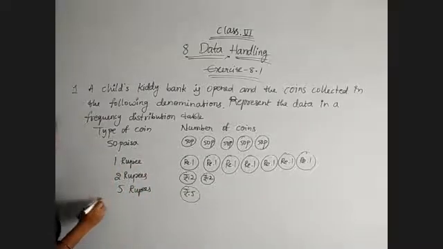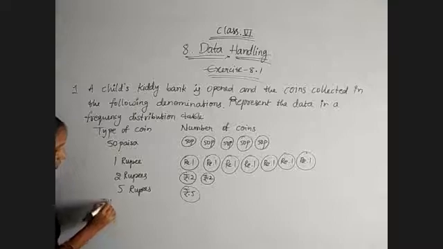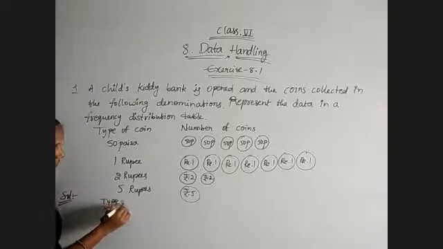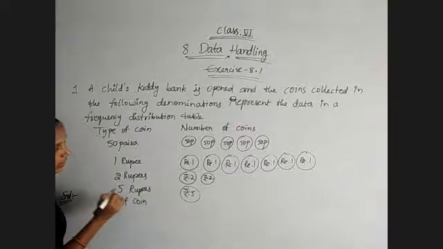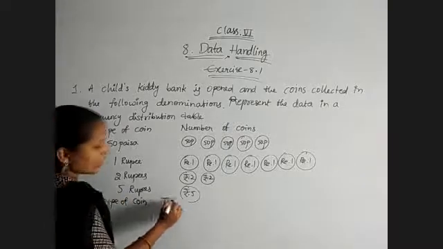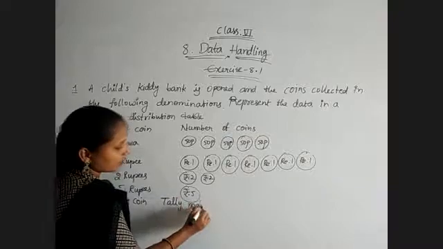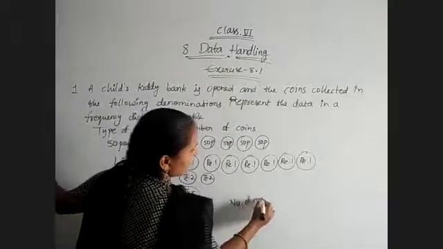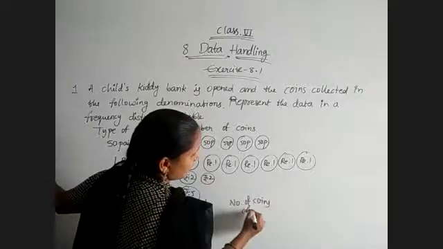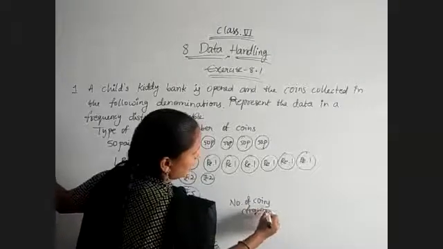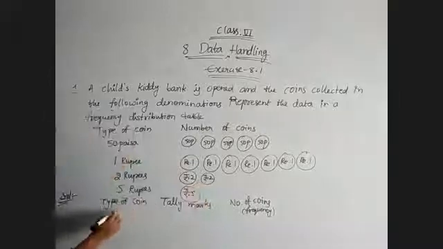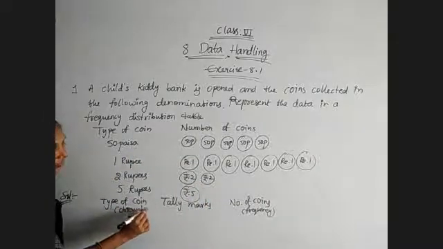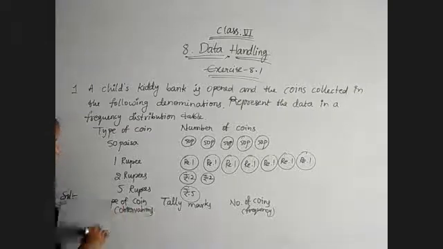First thing, type of coin. So this is the solution. Type of coin. Next, tally marks. Next, number of coins. So here, number of coins represents frequency and type of coin represents observations. Okay.